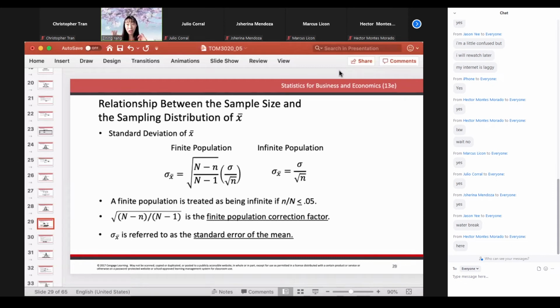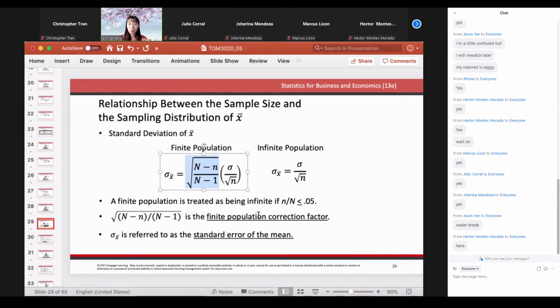If we have a larger sample, and also if we know the population size, then we can even use the finite population correction factor in our calculation. So this is a small addition to the formula we just practiced before.